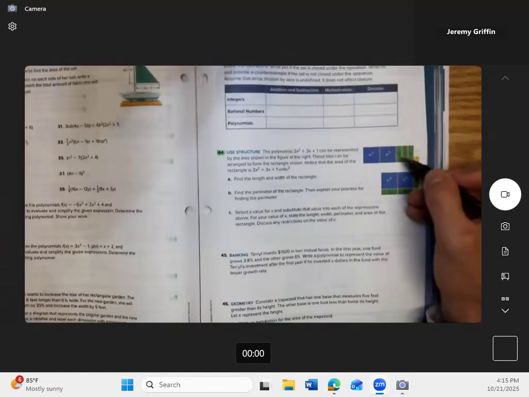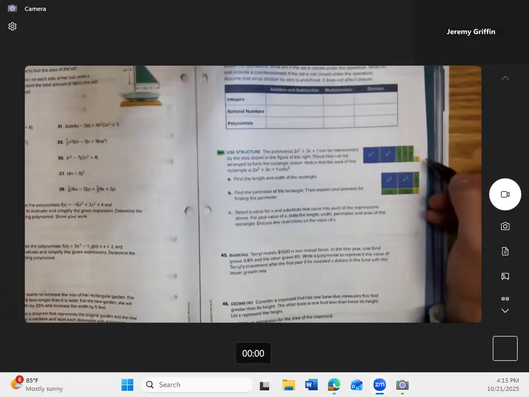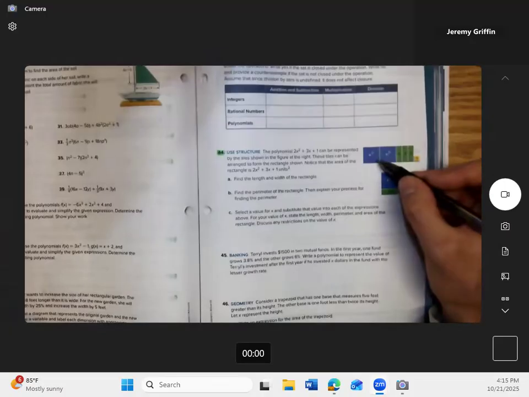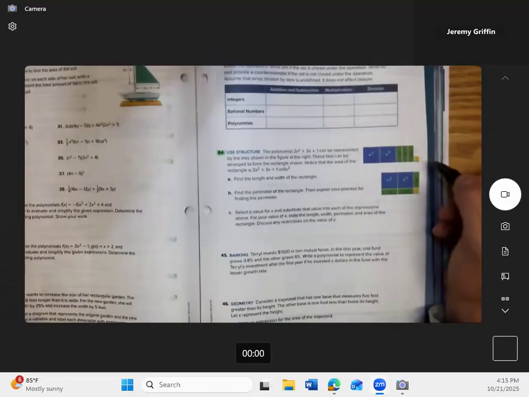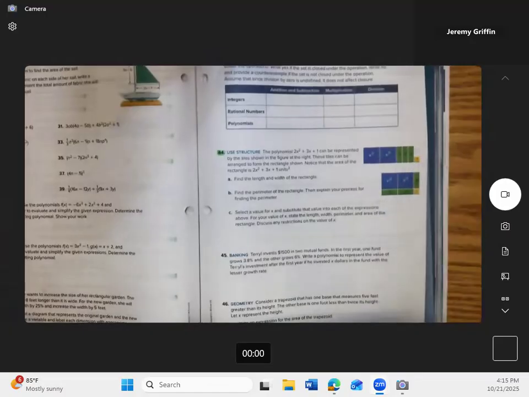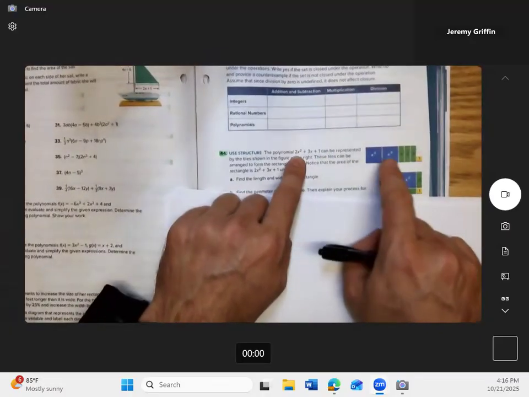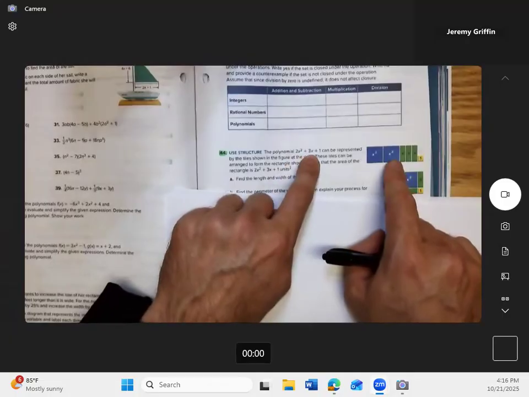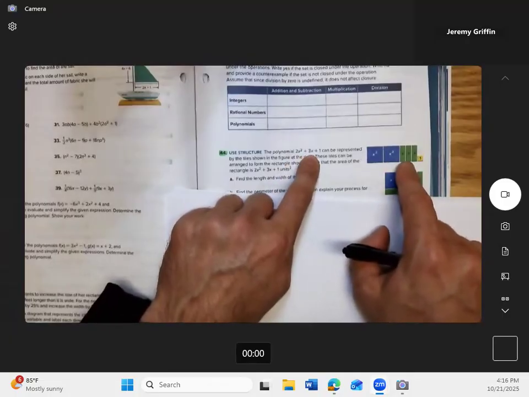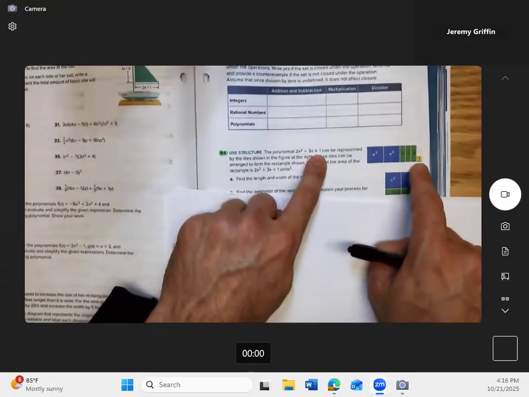So it's 1 times x is x. And then what if you have no x, like 1? Well, it can be 1 times 1 is 1. Okay, so we have this big blue square, this tall green rectangle, this little tiny yellow square. And that could represent 2x squared, hence the two blue squares, plus 3x, hence the three tall green rectangles, plus 1 is that little tiny yellow square right there.